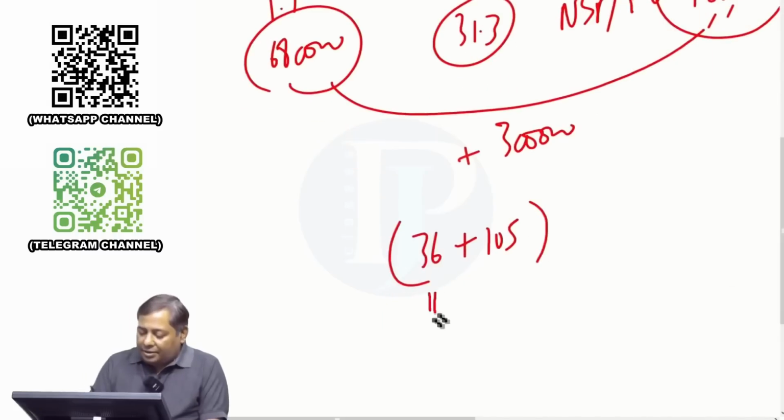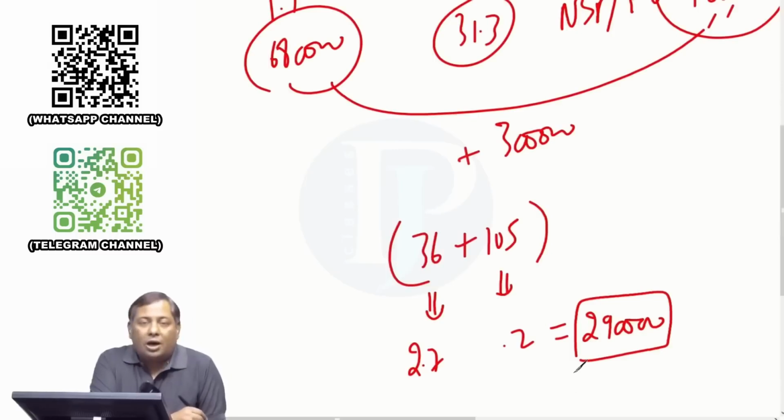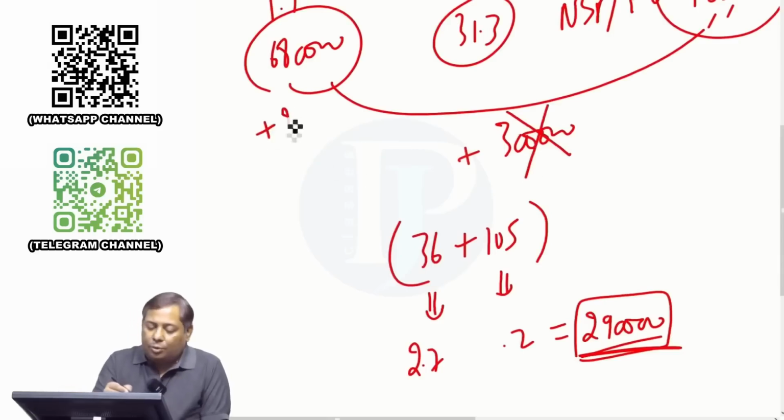So in your example, you have 2.7 inside 36 and here 0.2, 2 lakhs. So you had written off a loss of rupees 2 lakhs 90,000. You can reverse only 290. Here the appreciation is rupees 3 lakhs. It's not allowed. You can reverse the maximum 2.9. Then it is yours.